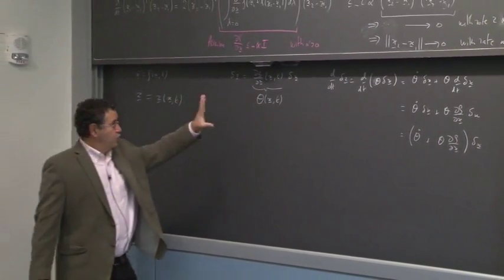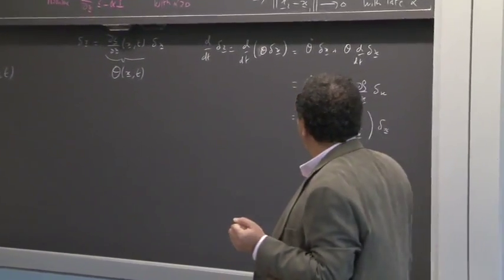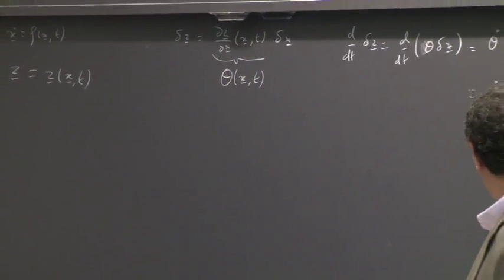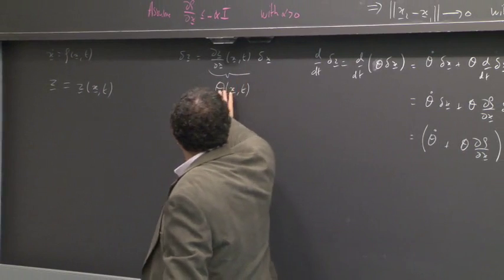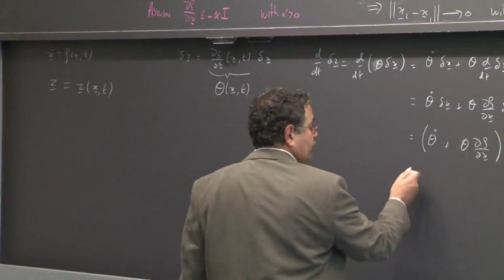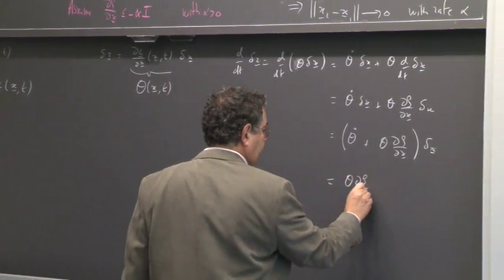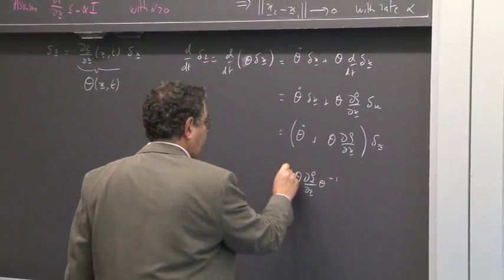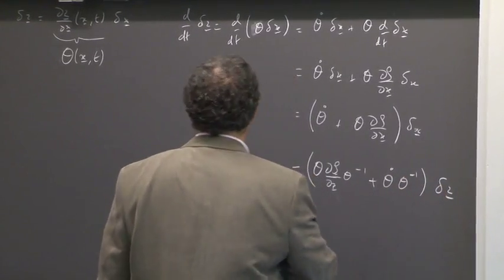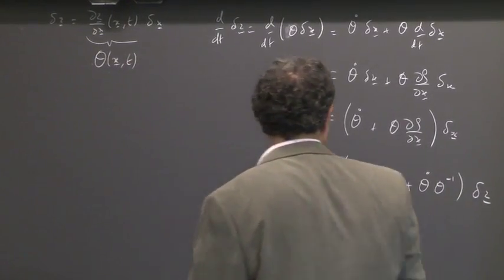And of course, if we assume a smooth, bounded, one-to-one transformation with a bounded inverse, because we have this one-to-one transformation, there's a theta inverse, okay? And so we can rewrite the entire thing as theta df over dx theta inverse, plus theta dot theta inverse, times delta z. Okay, so d over dt of delta z is equal to this quantity.